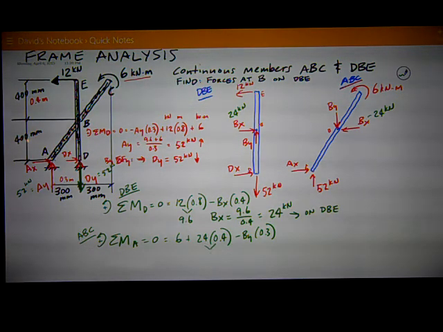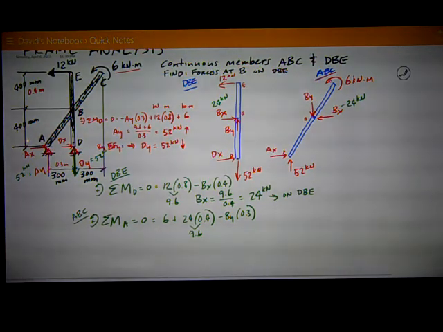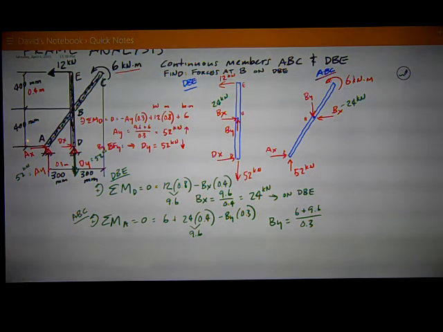Okay, 24 times 0.4 is 9.6. Then, rearranging, I have BY is equal to 6 plus 9.6 divided by 0.3. That's equal to 15.6 divided by 0.3, which is 52 kilonewtons.